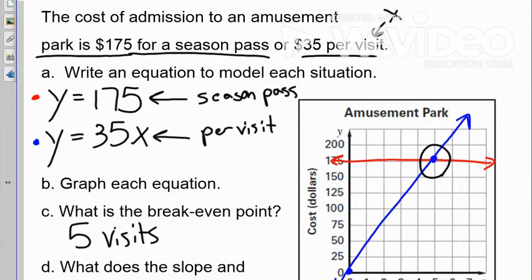But if you continue to go more than 5 times, you're actually paying more than you would if you had just bought the season pass at the beginning. So the slope represents the cost per visit, and the y-intercept represents the amount you paid at the beginning of the season to go to the amusement park, depending on what option you chose.